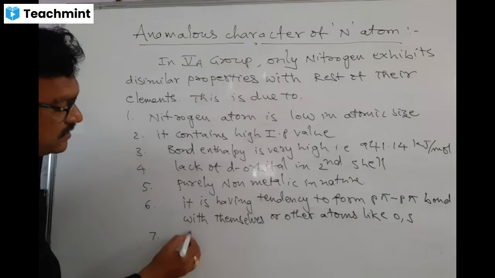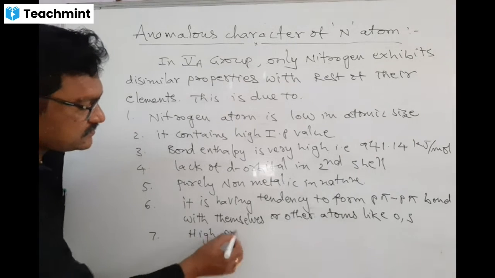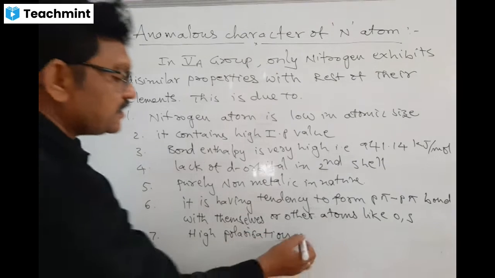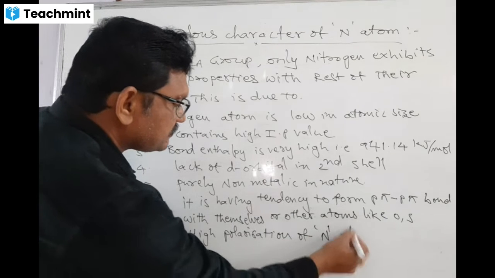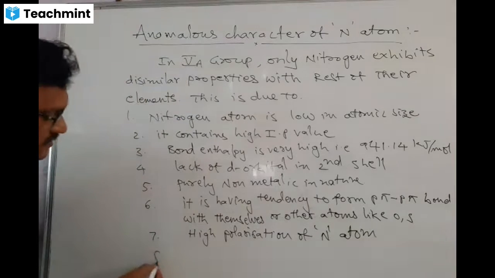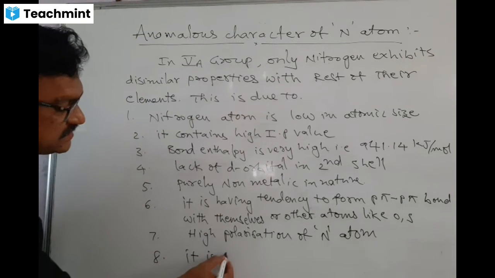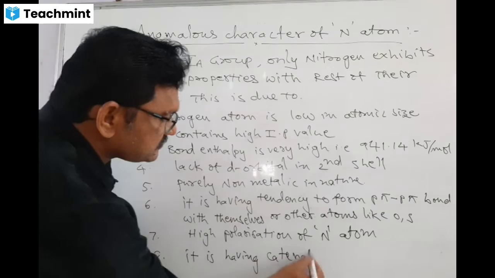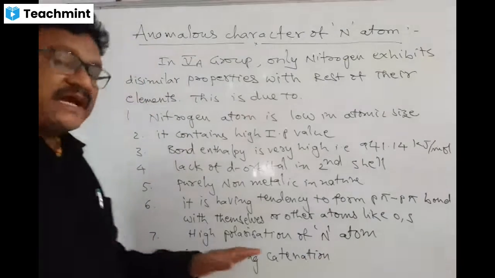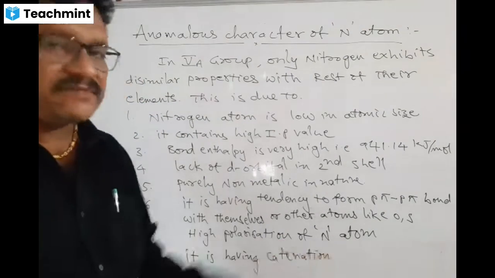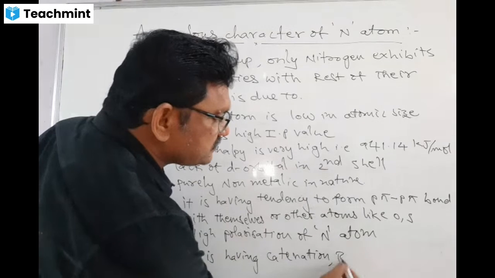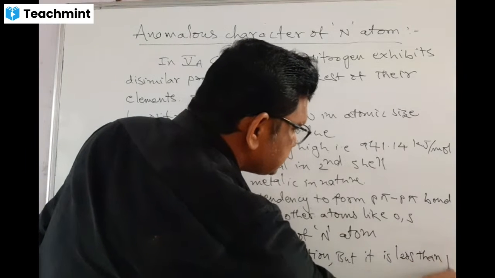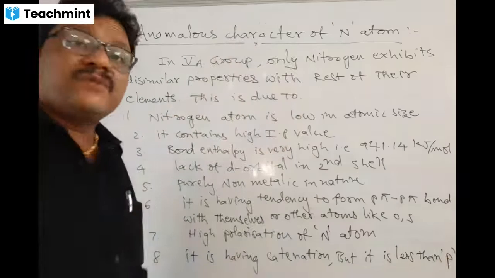Seventh one, high polarization of nitrogen atom. It is having catenation, but this catenation is less than that of phosphorus. That you remember. Less than phosphorus, more than other elements of the same group.